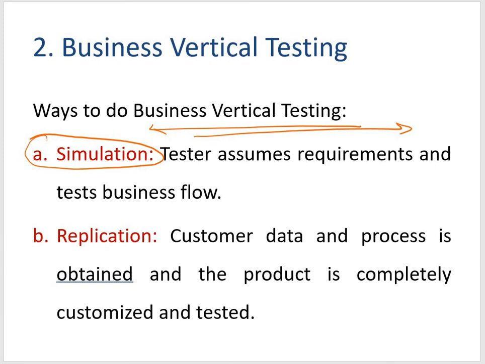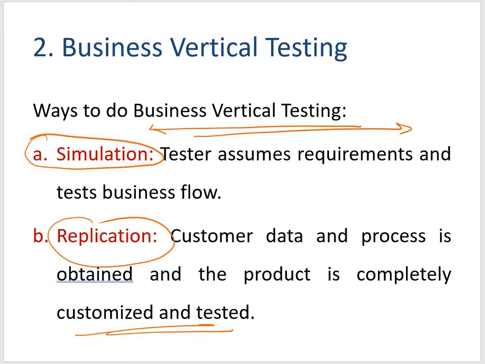And another option is replication, right? In your replication process, the client data, that means the customer data, and the process is obtained and the product is completely customized and tested. So I get some raw data to fire in and I can go ahead with testing the entire product. That's how I am dealing with business vertical testing.